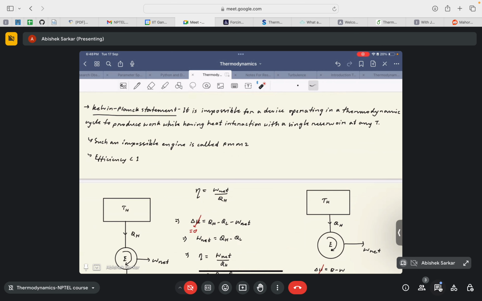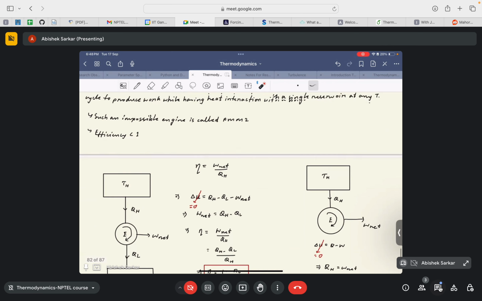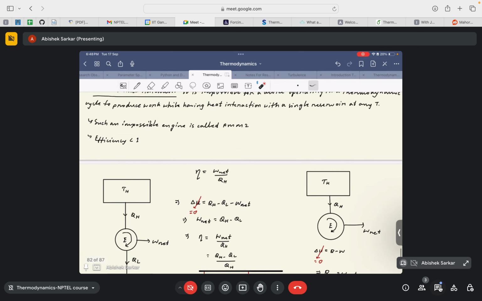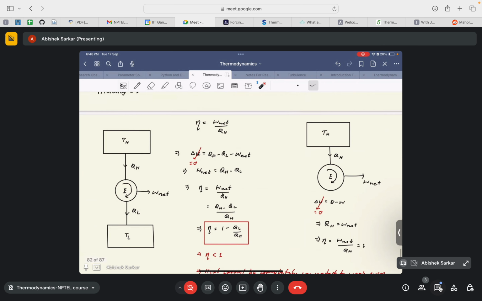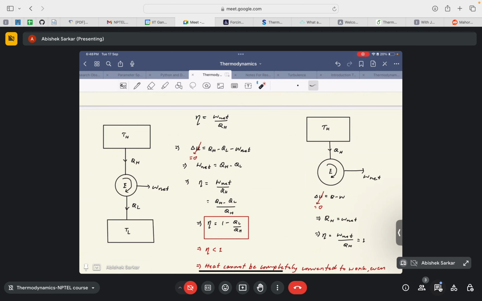The conclusion of the Kelvin-Planck statement is that the efficiency of such systems will always be less than 1. It's a very important conclusion, and I'll let you know more about it when we discuss the Carnot cycle. Let me give you a brief introduction.